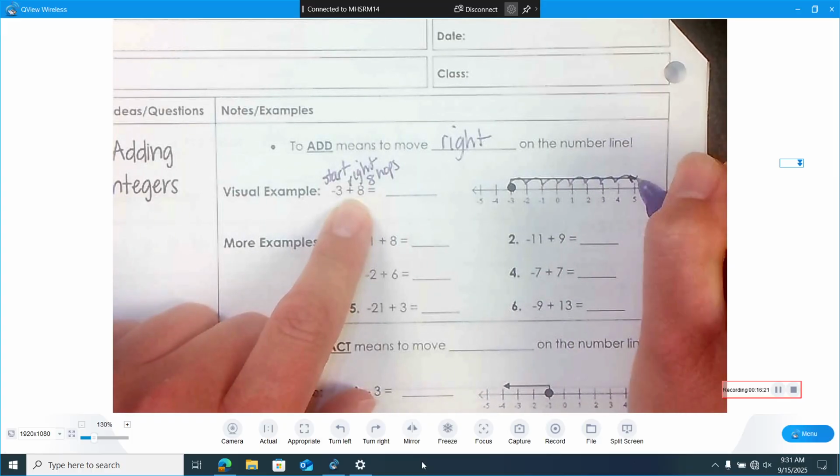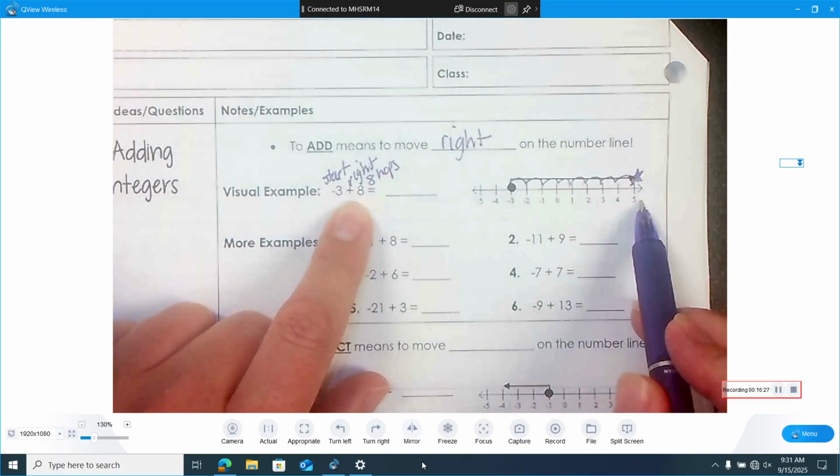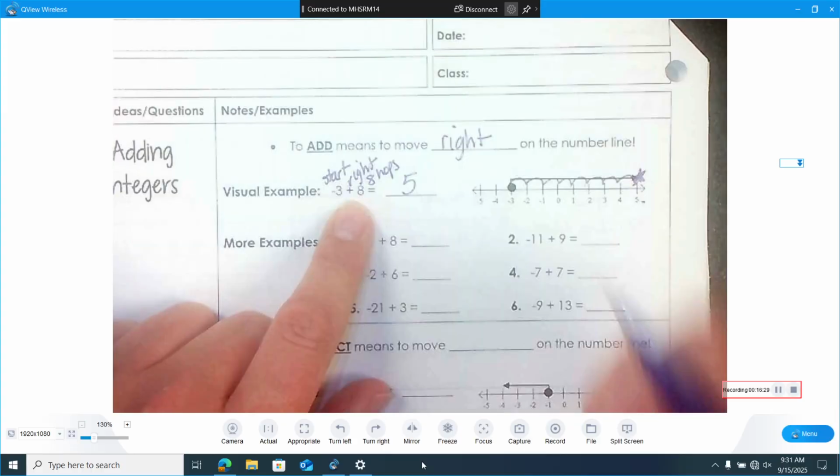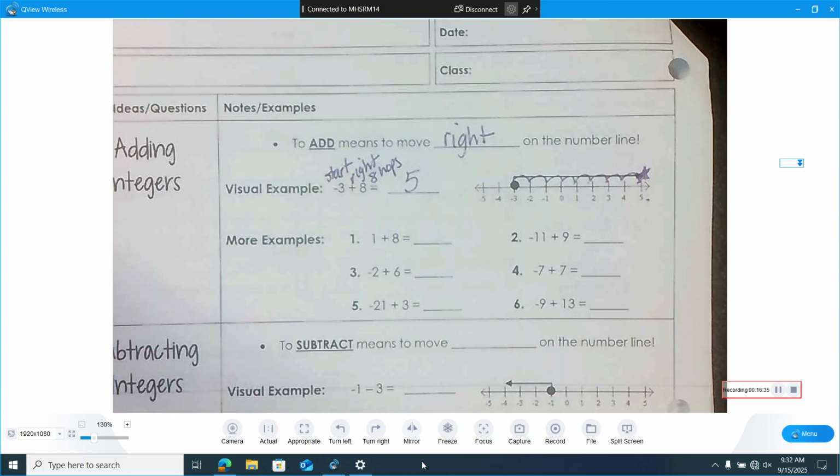I land right here, and where am I at? I'm at 5 on my number line. So -3 plus 8 turns out to be 5. We're starting in negative land, and I got to move 8 spaces to the right, and that puts me at +5.